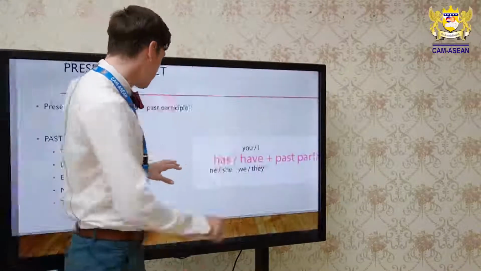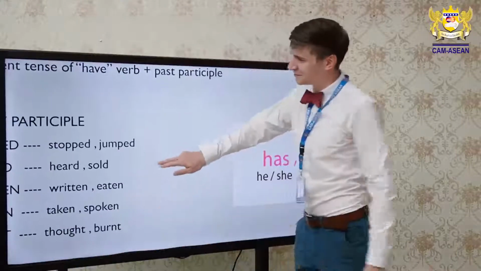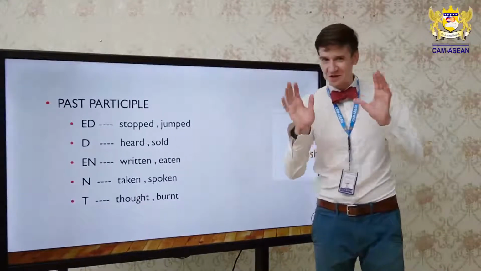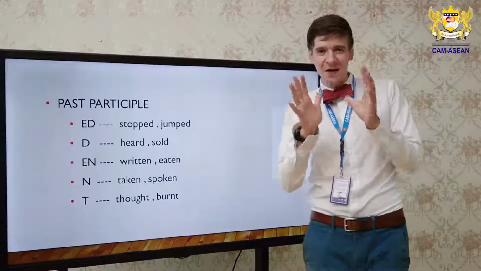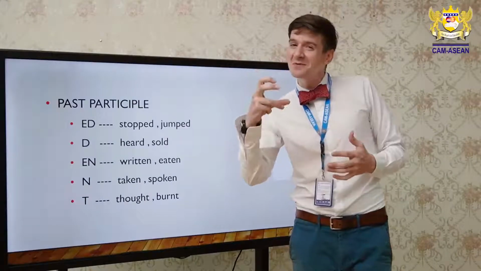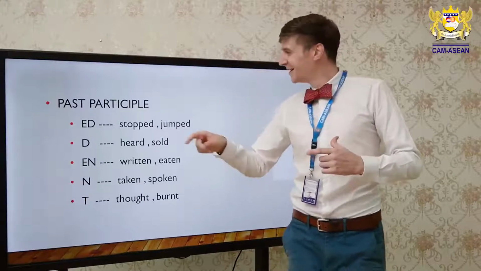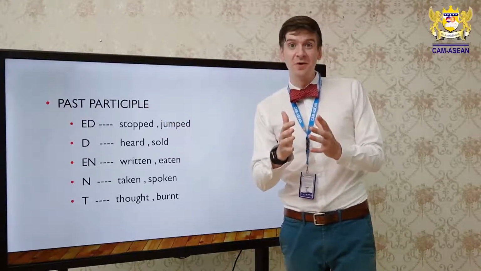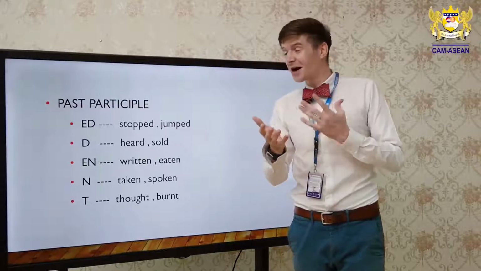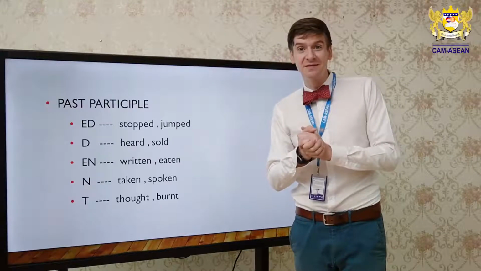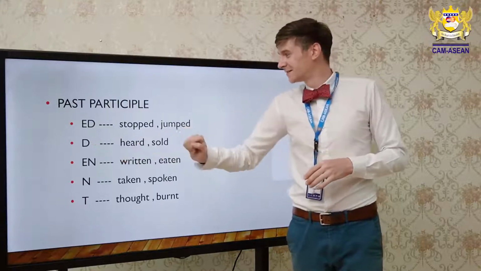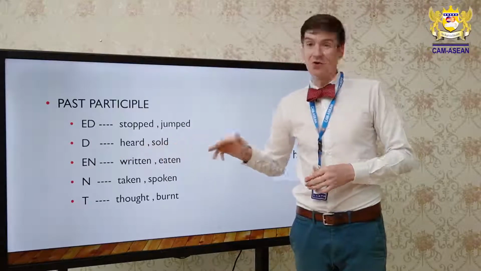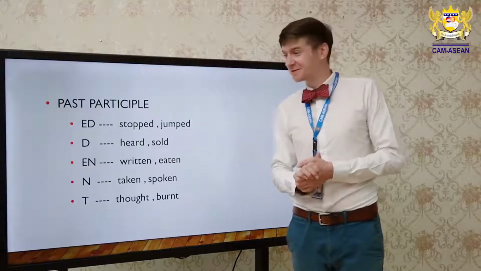Well, what does past participle look like? This is just a refresher, right? I know you guys know this, but maybe we don't know everything. So we have past participle. This is when we have a verb and we conjugate it with an ed or a d, such as heard or sold. We add it on.